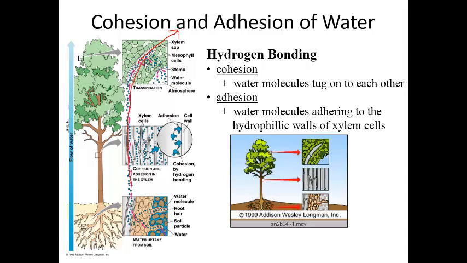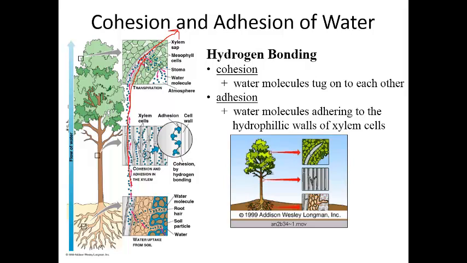This allows the water to defy gravity and travel up the xylem of a plant to the leaves that need the water for the process of photosynthesis. We call this transpirational pull, and this is the major method by which water travels long distances through a plant.